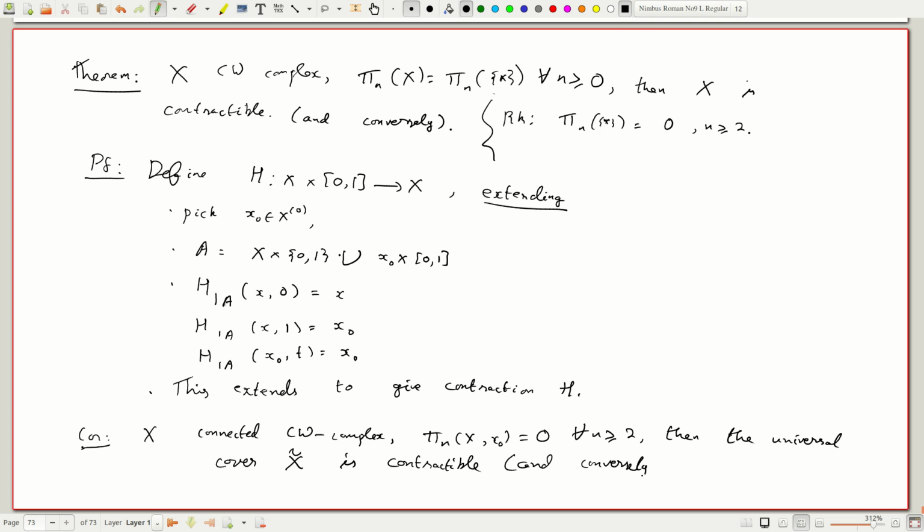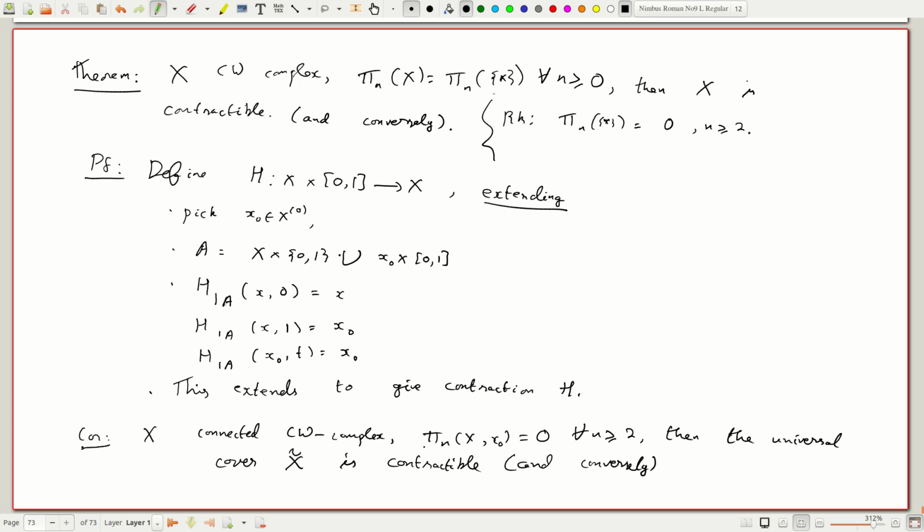why is this? Because the higher homotopy groups of X correspond to the higher homotopy groups of X tilde. If it's connected, the universal cover is connected. By the way, CW complexes are semi-locally simply connected and locally path connected. So they do have universal covers. So the universal cover has the same higher homotopy groups as the space itself. So if the higher homotopy groups of X vanish, then the universal cover also has pi 1 vanishing and pi 0 being the same as a point.